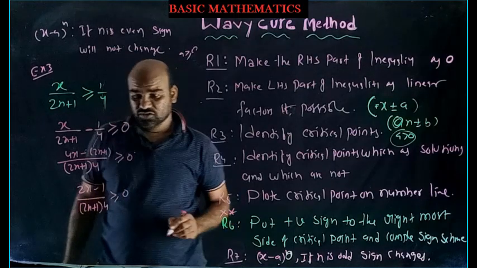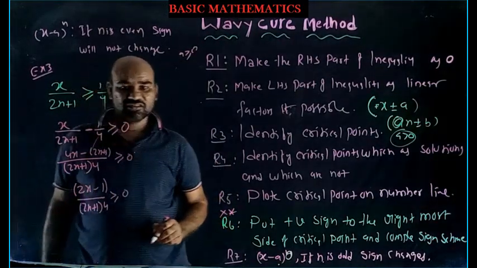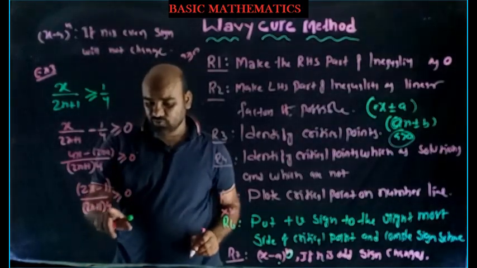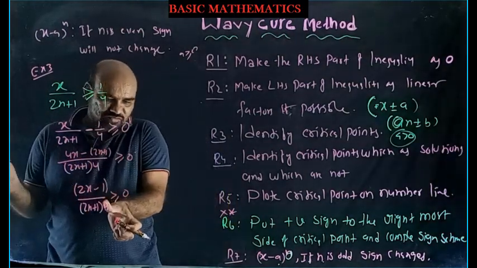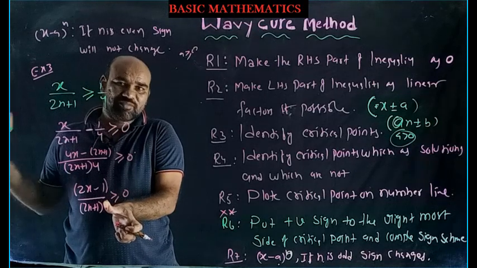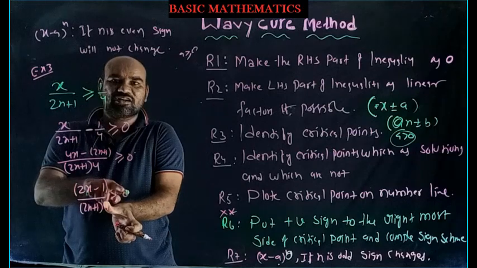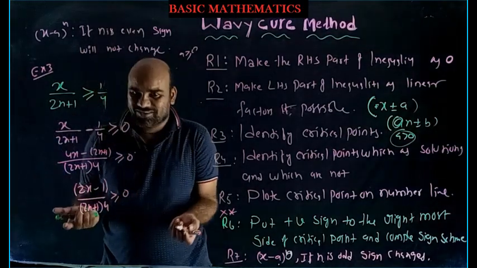Okay. The important thing is we want to find the values of x so that (2x minus 1) by (2x plus 1) into 4 is greater than or equal to 0. If you remove 4, nothing happens to the problem; the meaning remains the same, because (2x minus 1) by (2x plus 1) should be greater than or equal to 0. The variable is not involved in 4, so there is no use of 4.